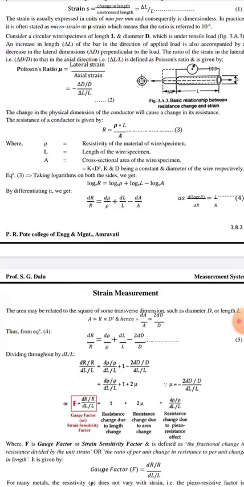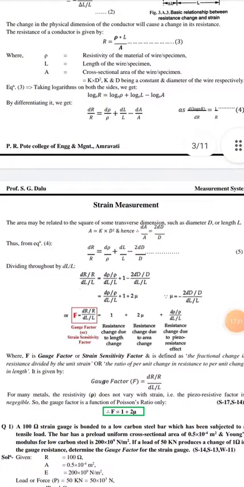So that is the derived form of equation 5, where F is the gauge factor or strain sensitivity factor.